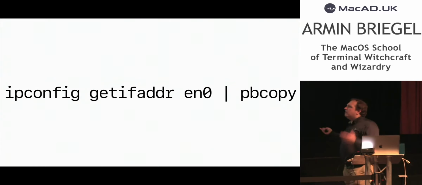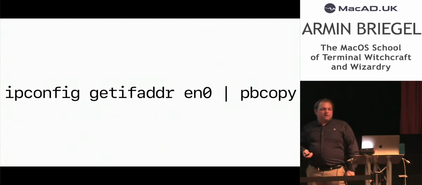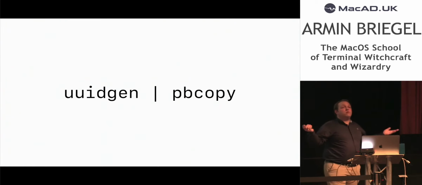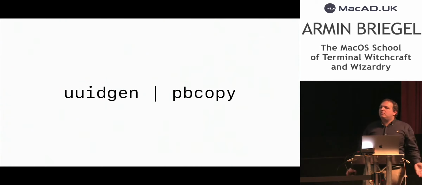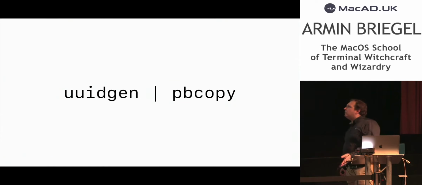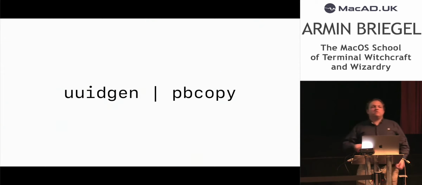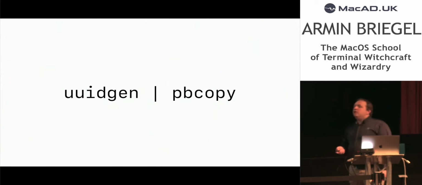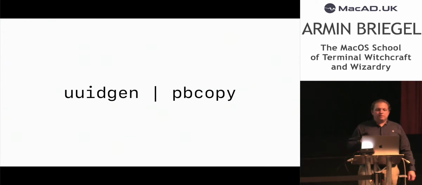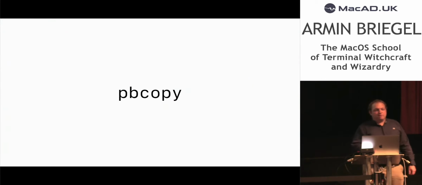If you want to have your IP address, you can get it in your clipboard. This is the one I use most. You generate a UUID. You probably want to paste the UUID in some document, probably a configuration profile. So you might as well just pipe it into the clipboard straight away. Many UUIDs were wasted preparing this.